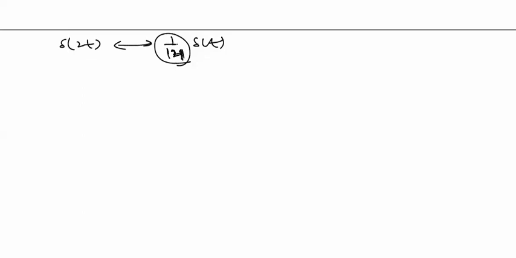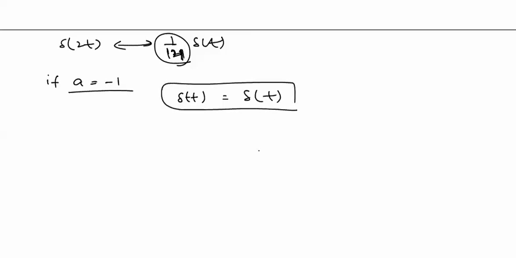If the scaling amount is minus 1, then this impulse is denoted in this way. Second property, sampling.